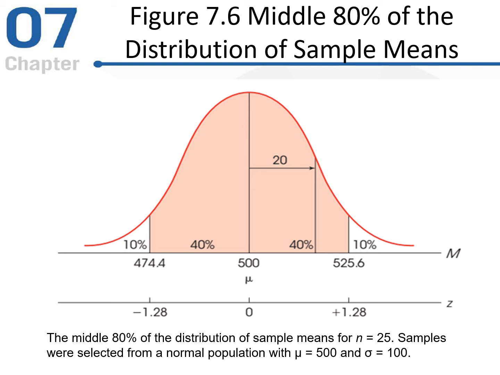And those two values for the sample means, 474.4 and 525.6, are the two cutoffs that delineate or separate the middle 80% of the distribution. So that cuts off the top 10% of the tail on the right and the bottom 10% of the tail on the left. And as a researcher, I want to be in those tails.